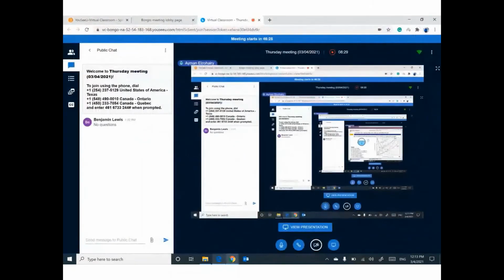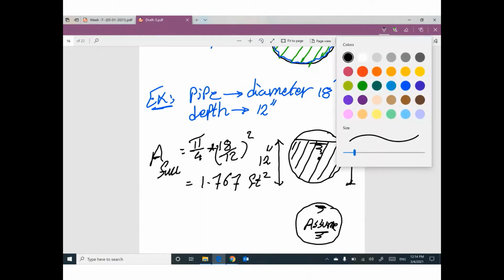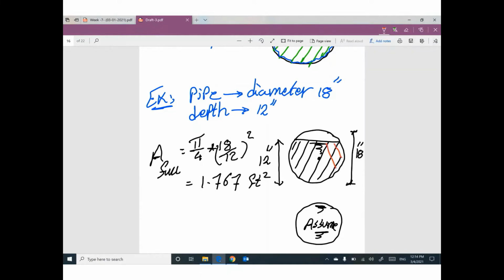Your diameter will be 18 divided by 12, converted to feet. So the area full will be pi divided by 4 times diameter squared, 1.767 square feet. But I'm not looking for the area full, I'm looking for this area only.